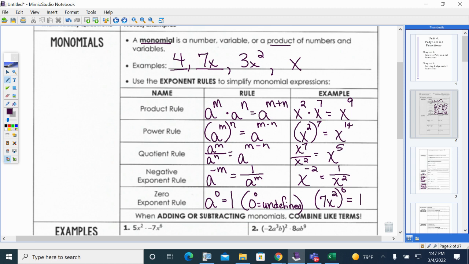So to recap, for your product rule, you add exponents. For your power rule, you multiply exponents. Quotient rule, we're going to subtract exponents. For your negative exponents, you're going to move the base to the opposite part of the fraction.